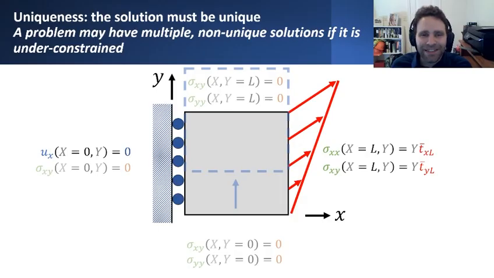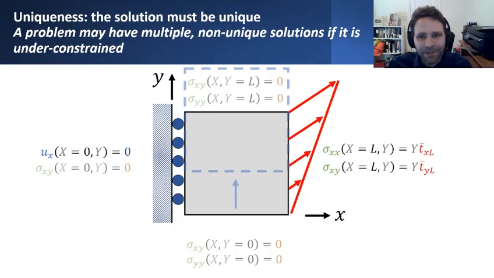The block will stay in a state of equilibrium from these applied loads, but it might be translating, and we don't know exactly where it's going to be at some later time. So if you're not constraining a body against rigid motion, either preventing it from translating rigidly or rotating rigidly, then you can violate this condition of solution uniqueness.